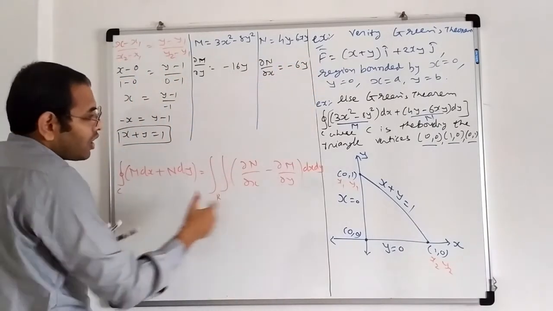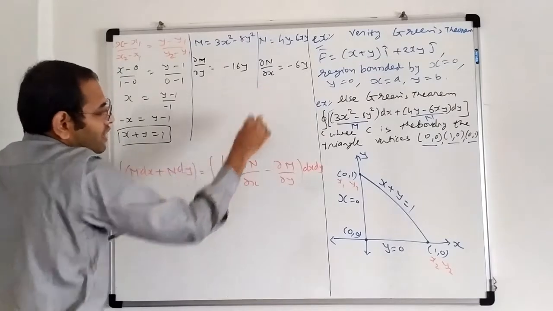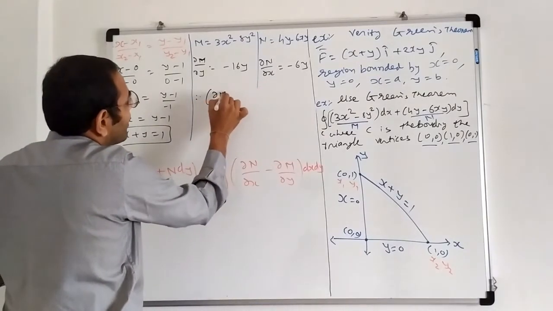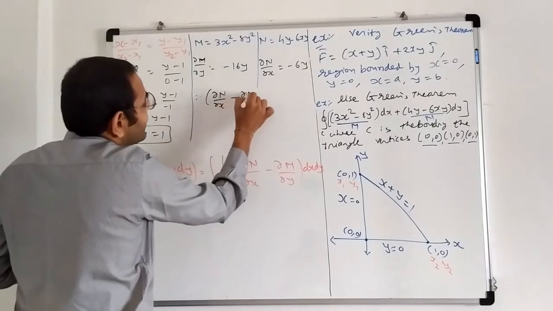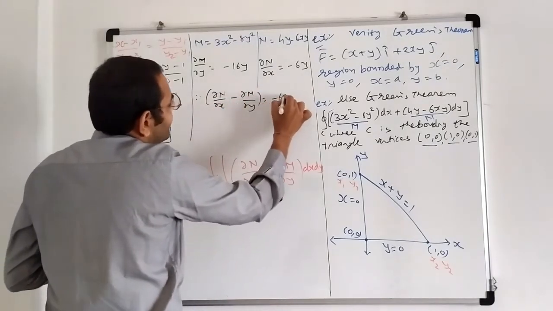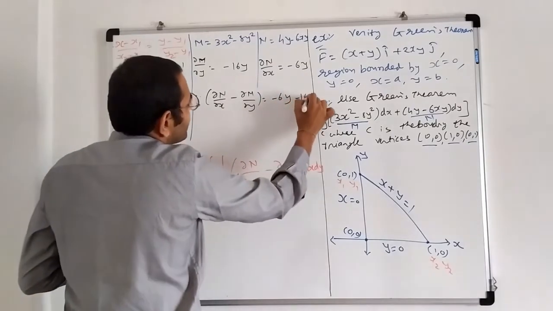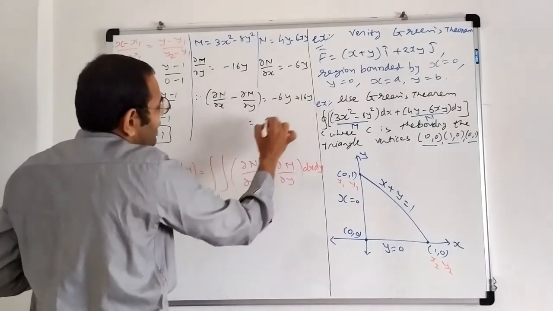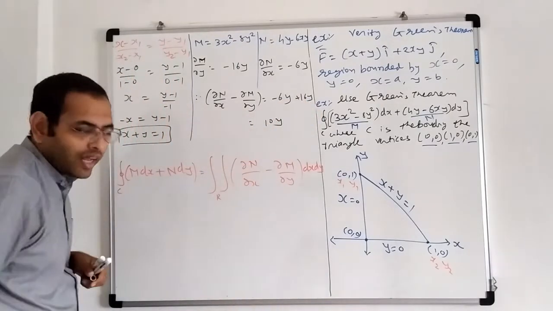According to this equation, we require the subtraction of these values. Then del N by del x minus del M by del y equals minus 6y minus 16y... minus 6y plus 16y, then we get 10y.